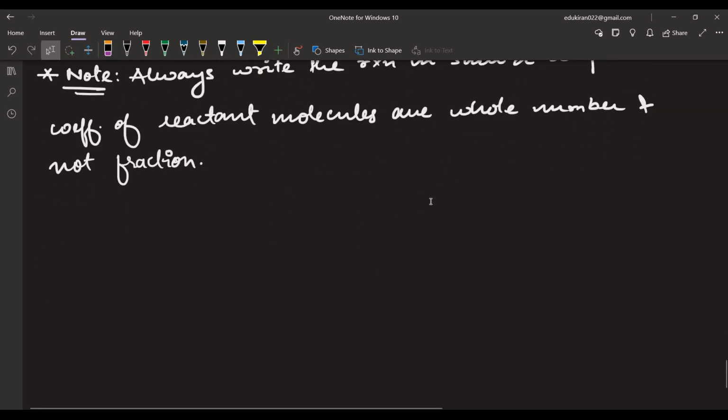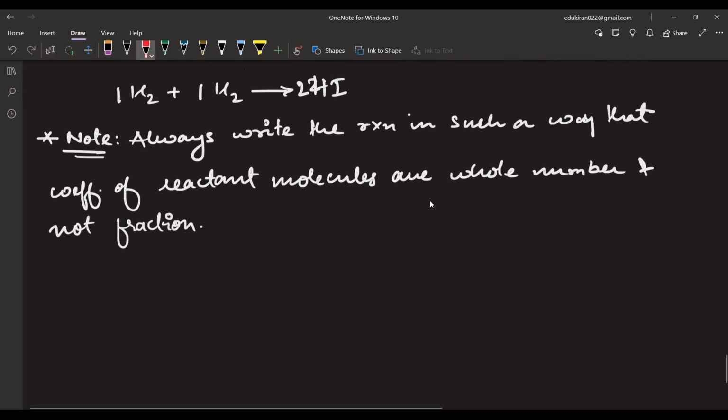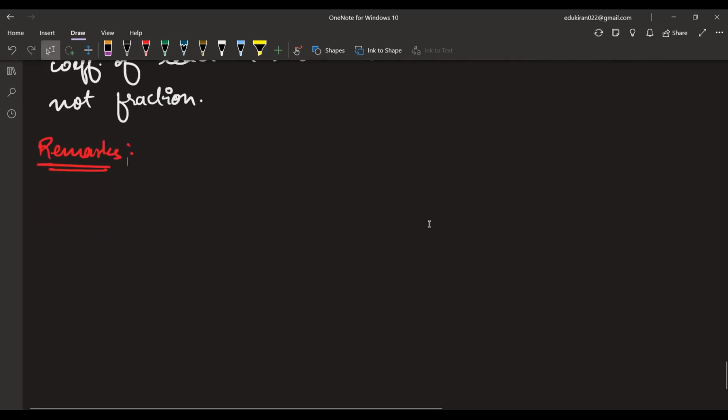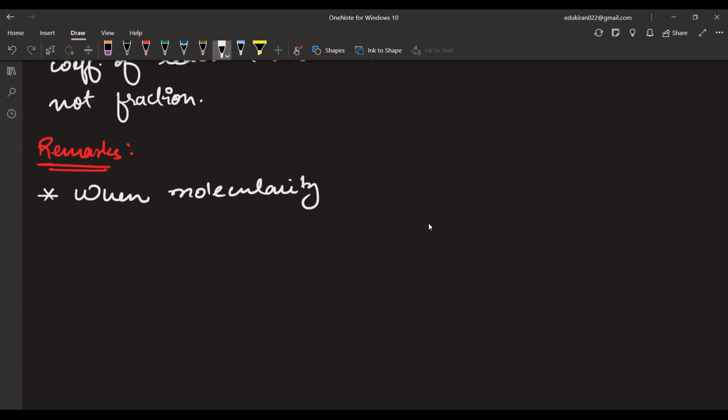Write remarks. Number 1. When molecularity is equal to 1, the reaction is called unimolecular.